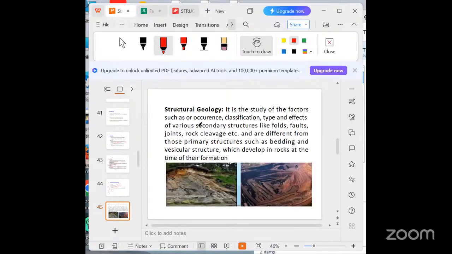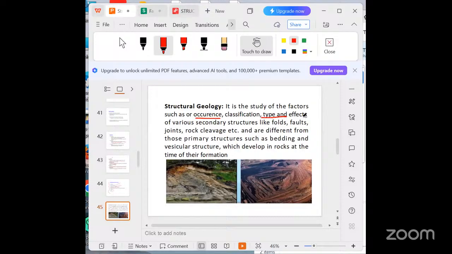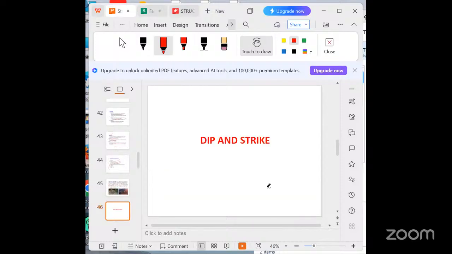It is the study of the occurrence, classification, type and effects of various secondary structures like folds, faults, joints and rock cleavage. These are different from primary structures such as bedding and vesicular structures, which develop in rocks at the time of their formation.